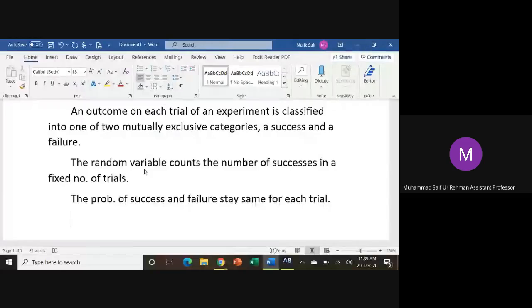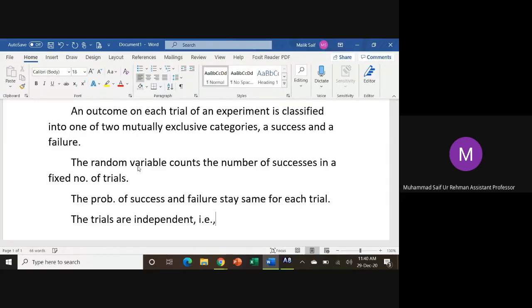Then the trials are independent. The trials are independent in binomial probability.